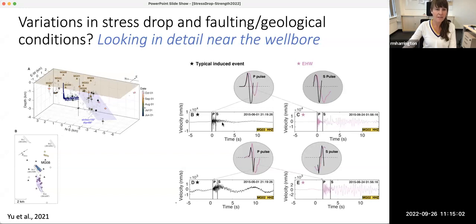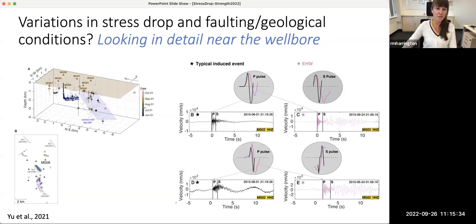This gives you two representative examples of these kinds of events, where the black waveforms show the typical induced earthquakes and the others show these EHW events. If you just look at the waveforms qualitatively, they look a little bit different. The apparent duration of the pink traces seems to be longer for a similar magnitude relative to the black traces, which could be a waveguide effect or a path effect.